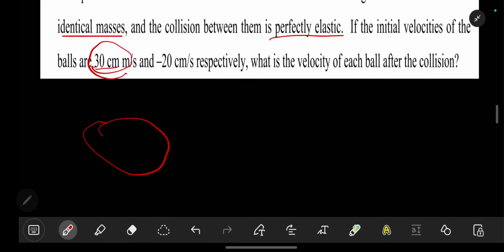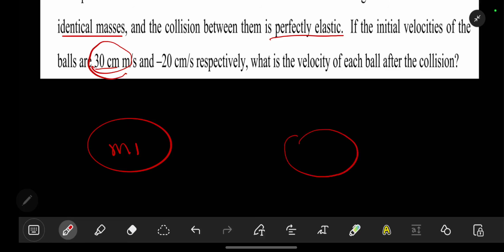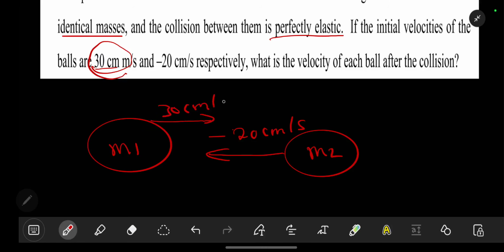So let's say we have M1 here, and M2 here, like that. If these are identical masses, this one is moving in this direction at 20 centimeters per second. It is negative because it is to the left, then to the right it is 30 centimeters per second.